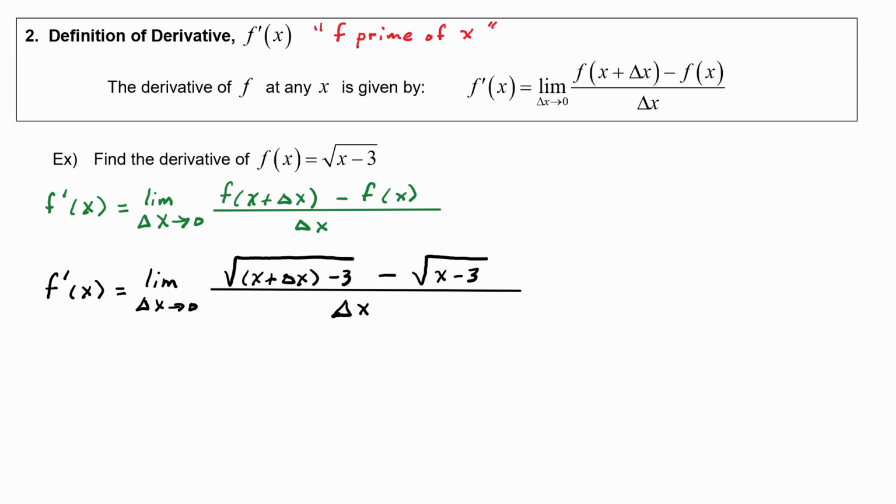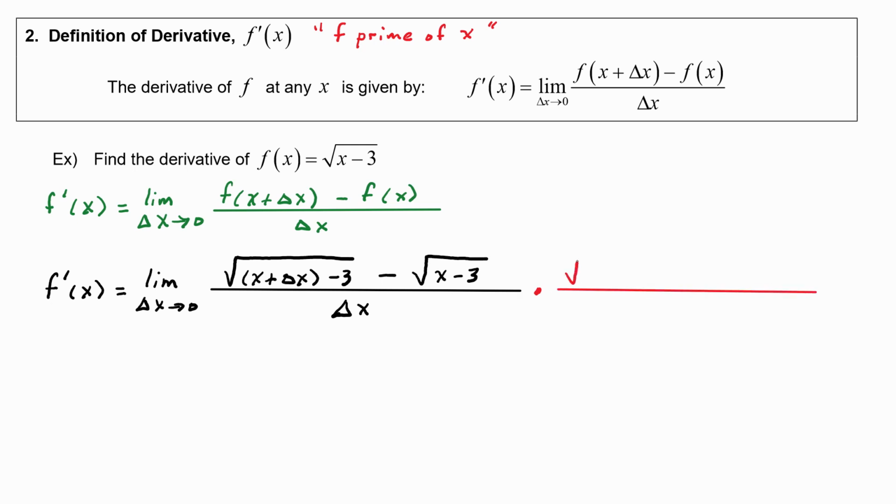Now, if we tried to plug in and do a direct substitution, this would be 0 because delta x is going to 0. So we would have radical x minus 3 minus radical x minus 3, which is 0, over 0 in the denominator. We know that 0 over 0 is indeterminate, which means we need to do something here. And the technique we want to use is multiplying by 1 in the form of the conjugate of the numerator over itself.